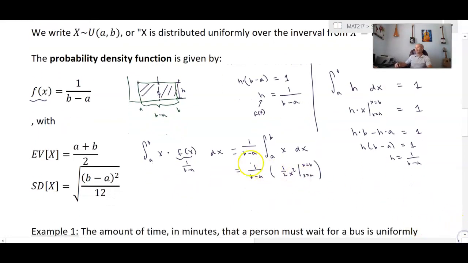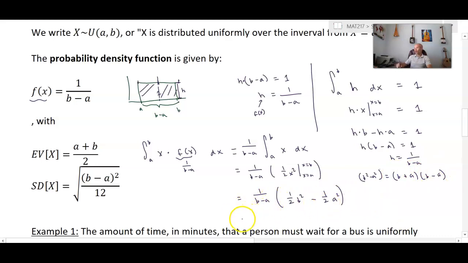Okay, well if we do that, we're going to get 1 over b minus a, and all we're doing here is just showing you the derivation of where this comes from. 1/2 b squared minus 1/2 a squared. Now, I'm going to go ahead and factor out a 1/2, and also b squared minus a squared. This is a little factoring note. This is the difference of squares, and that will be b plus a times b minus a.